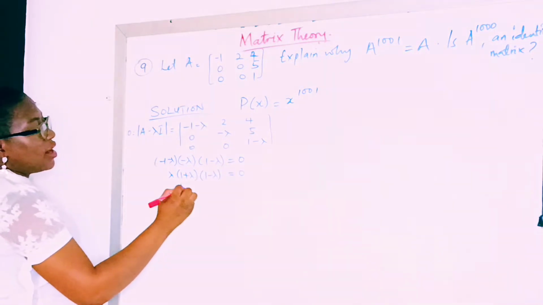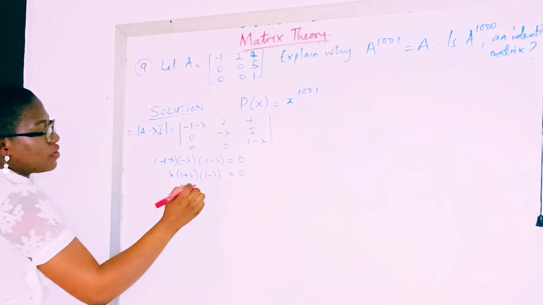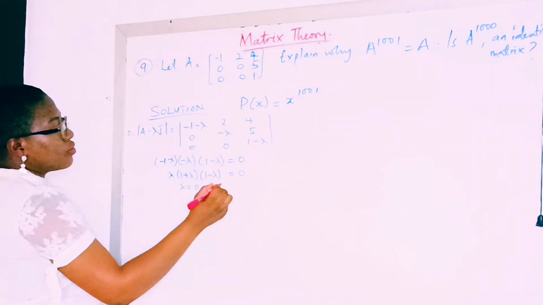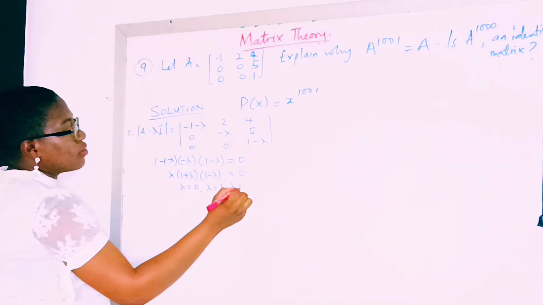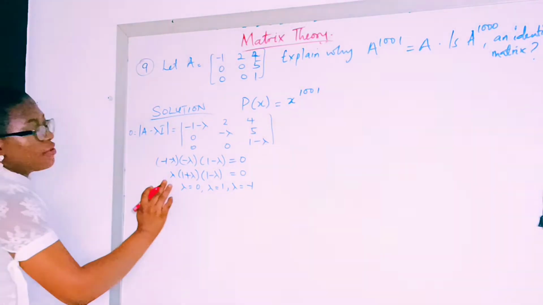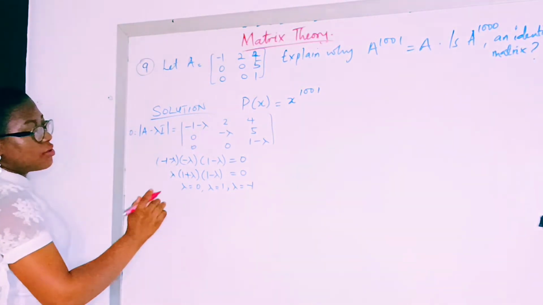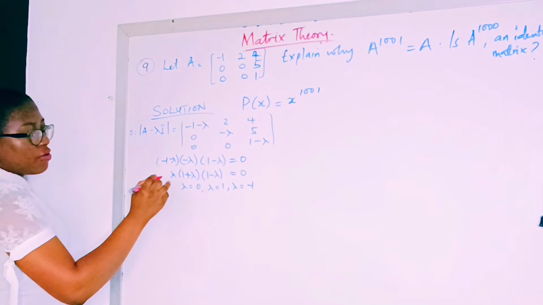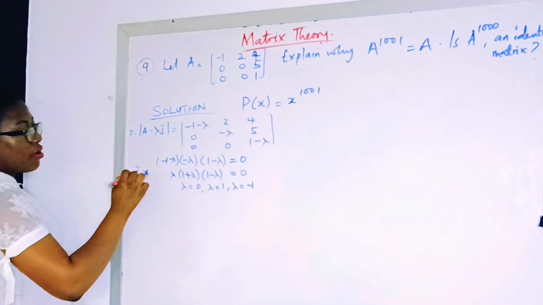So here we can see that lambda is equal to 0, lambda is equal to 1, lambda is equal to minus 1. If you observe, the degree of this polynomial is 3.